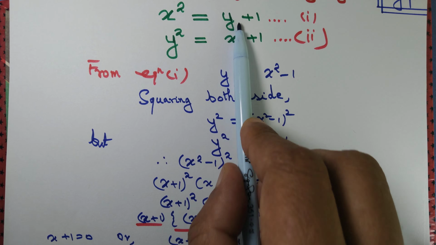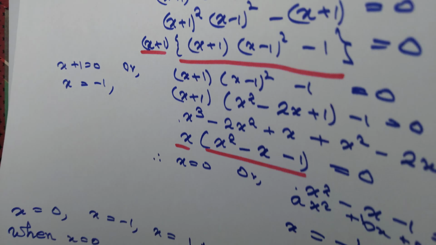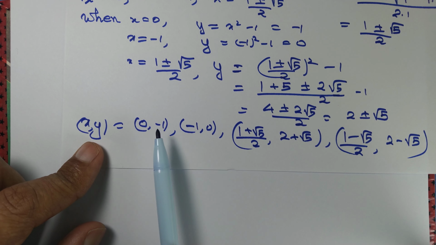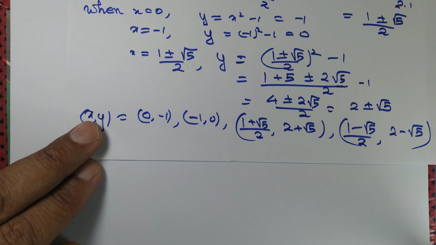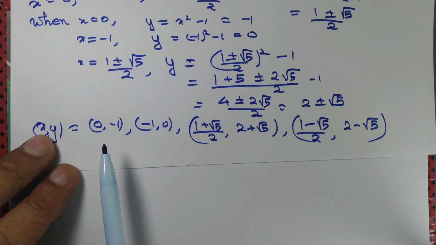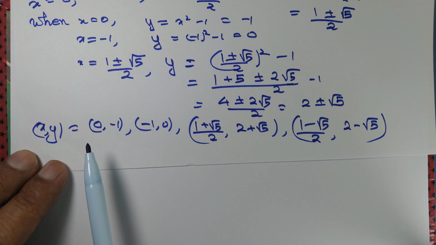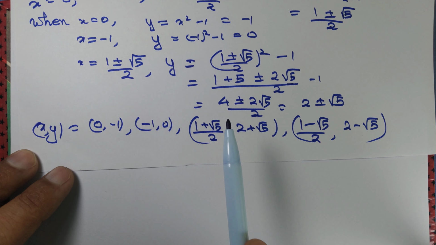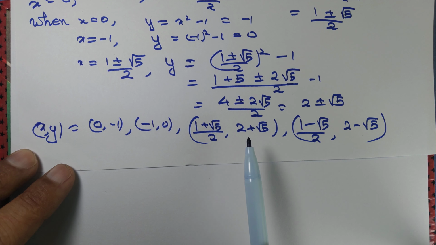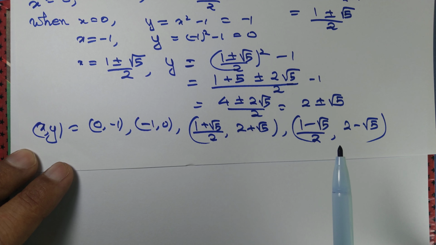So for x = 0, the only choice is y = −1. Similarly, we get 4 and only 4 solutions corresponding to (x, y): (0, −1), (−1, 0), ((1 + √5)/2, 2 + √5), and lastly x = (1 − √5)/2 and y = 2 − √5.